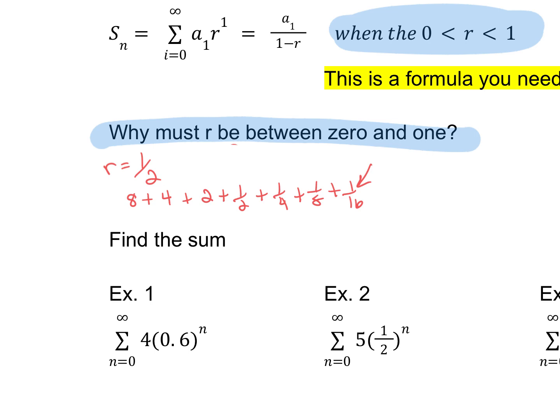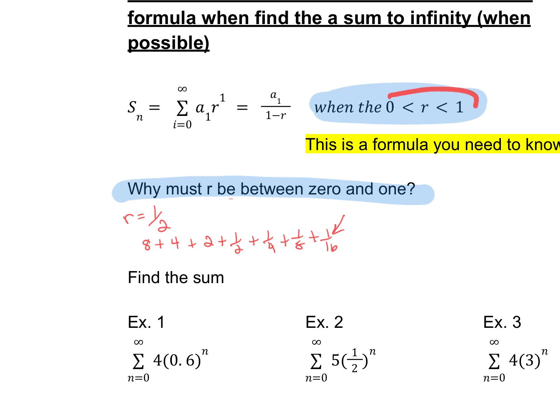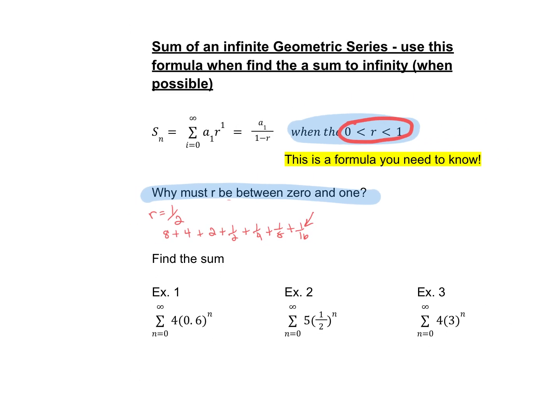So as long as r is between 0 and 1, we are actually able to find a sum. However, if your common ratio r is greater than 1, then it's not possible, and we would use DNE. So if r is greater than 1, we would say does not exist.